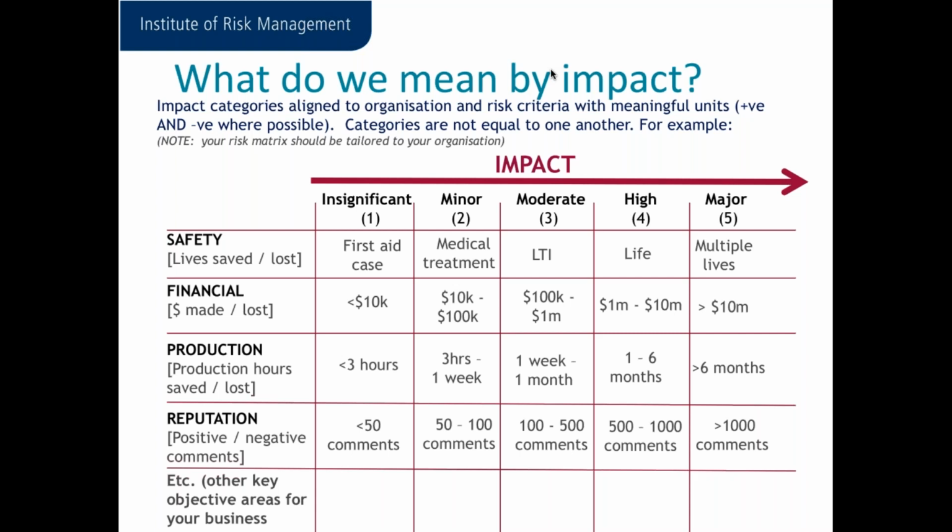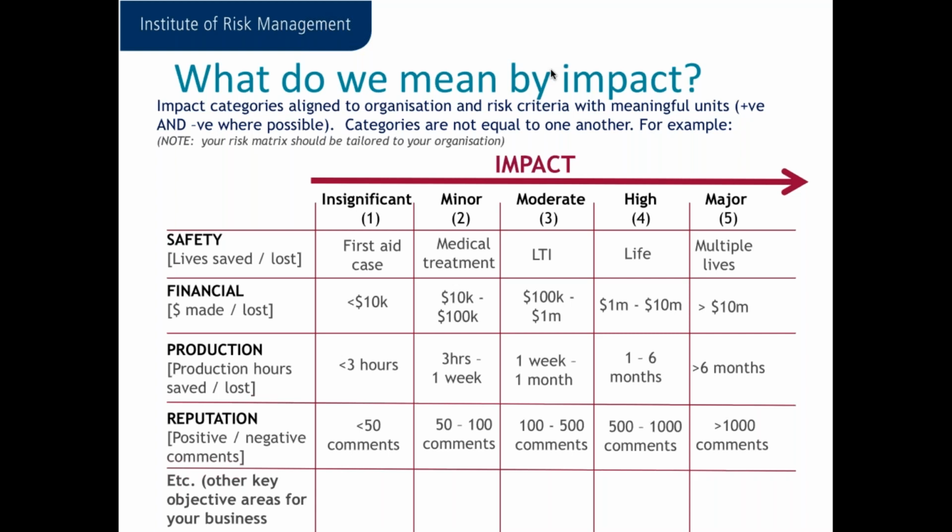So if we have a look at this, I'm risk averse, so I perceive a first aid case or up to 50 negative comments on reputation, or up to a $10,000 loss for a threat as a major risk.